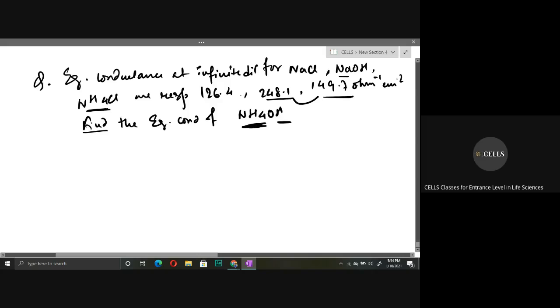So add these two and subtract this. This will be 149.7 for NH4 plus 248.1 for OH, and just subtract the rest, this one, 126.4. The value you get will be your answer.